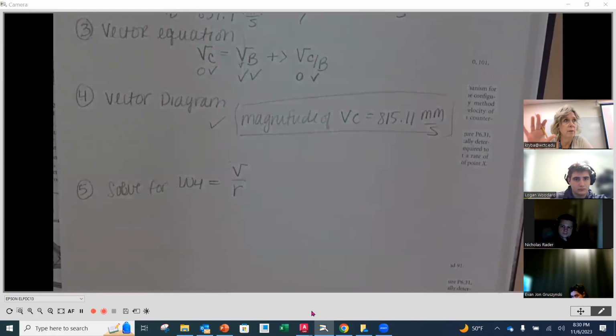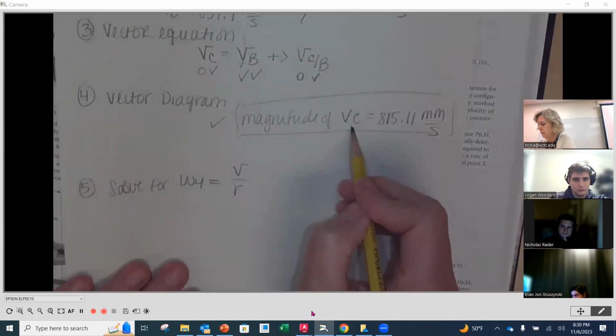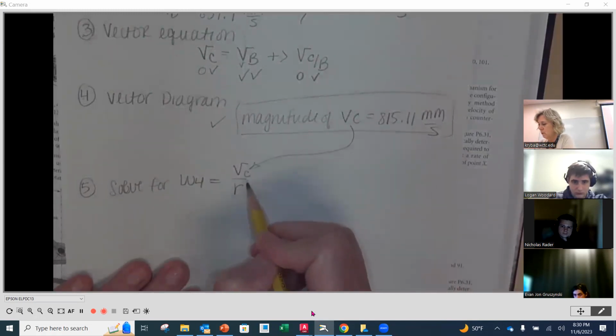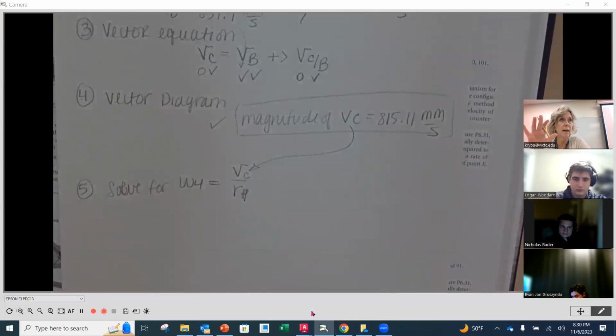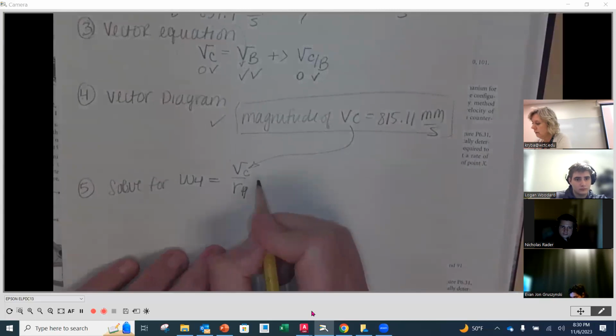And now that I have the velocity of C, this is the value that I'm going to be putting into the equation to solve for the angular velocity of link number 4, okay? So all I needed that vector diagram for was the velocity at C. Okay, so let's go ahead and put in our velocity at C here and calculate that angular velocity for link number 4.